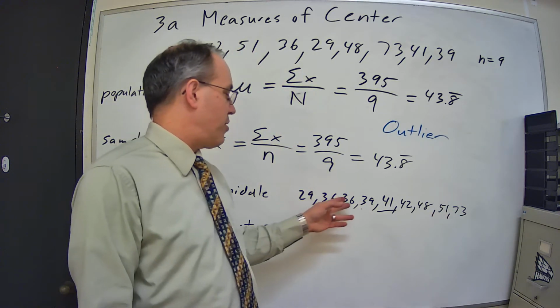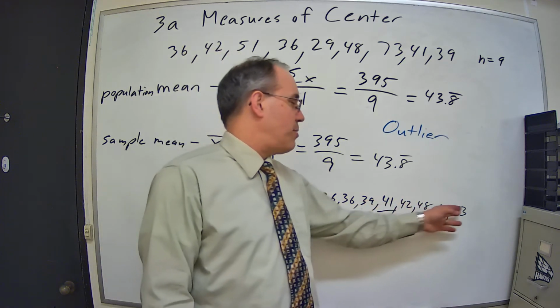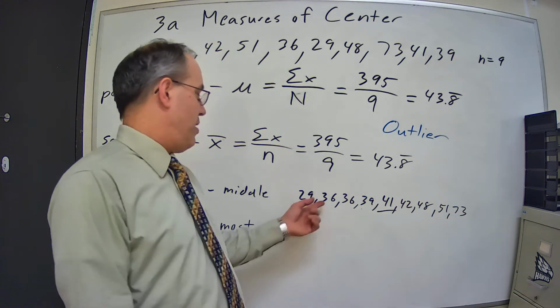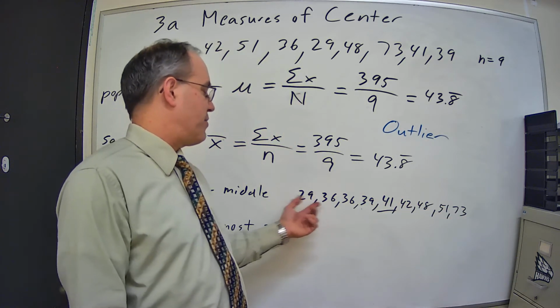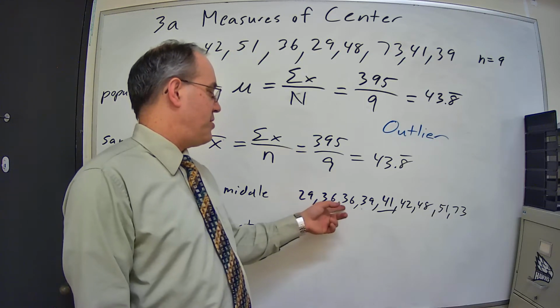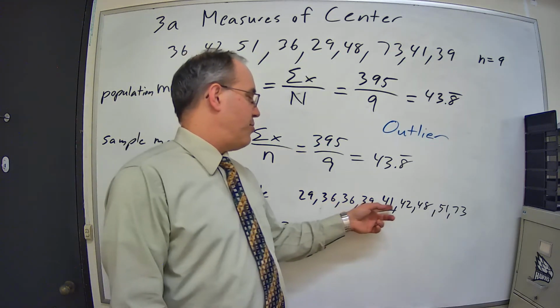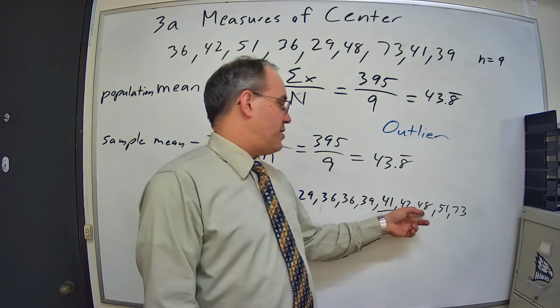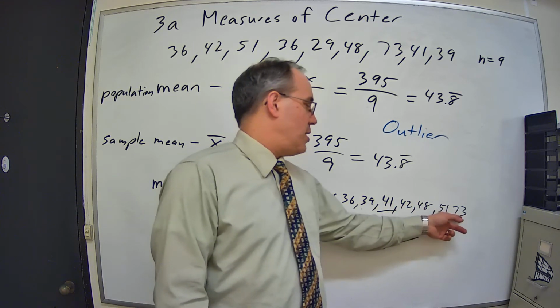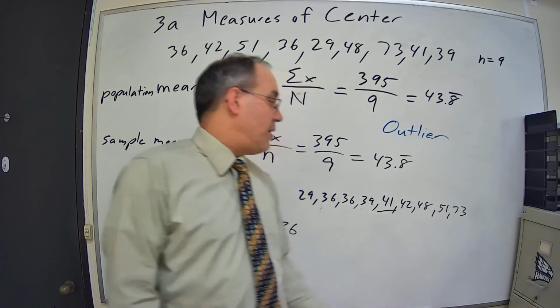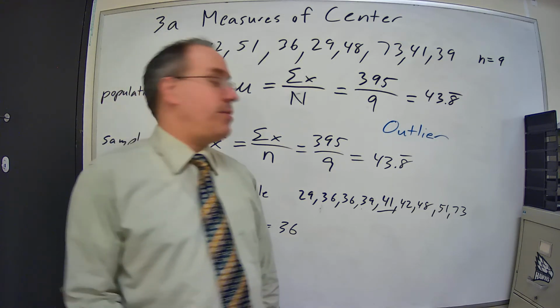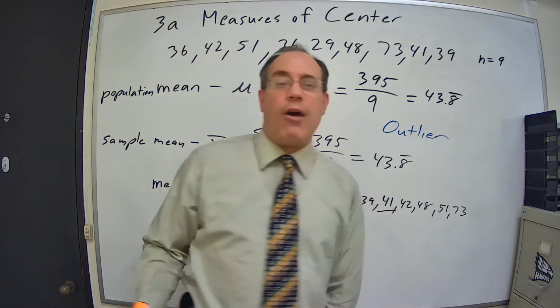Notice how other things are a little closer together, and then that jumps over 20 to get there. This one was only a difference of 7. Difference of 7, 0, 3, 2, 1, 5, 6, 3, 22. That's a huge difference. So that could potentially be an outlier.